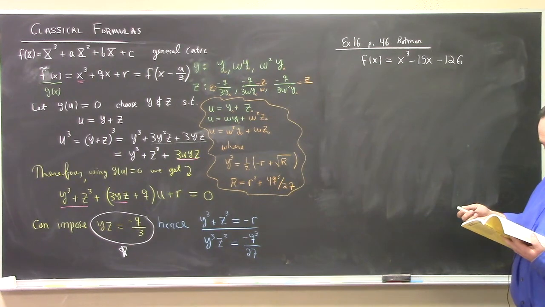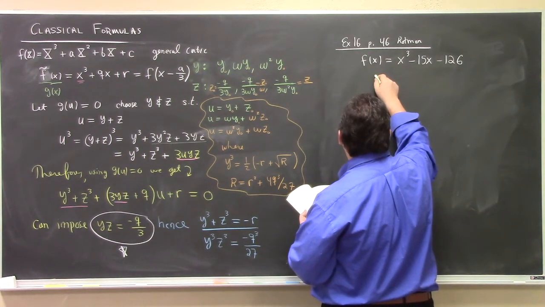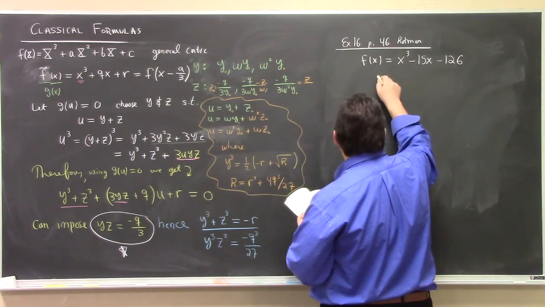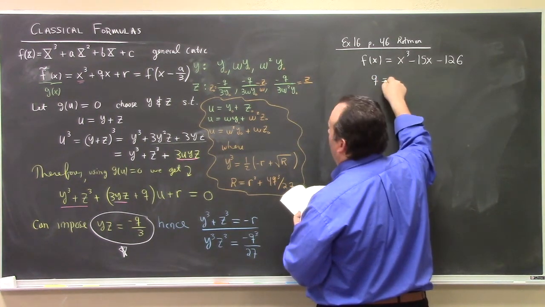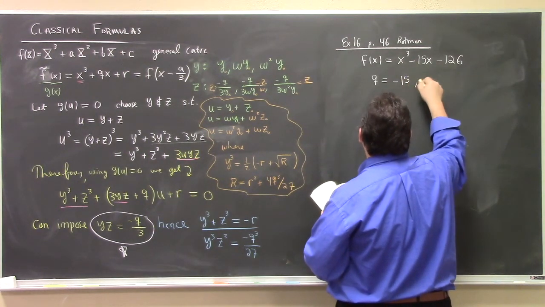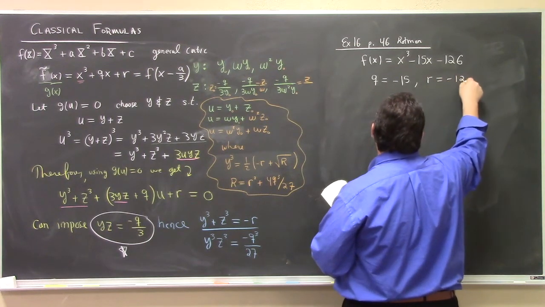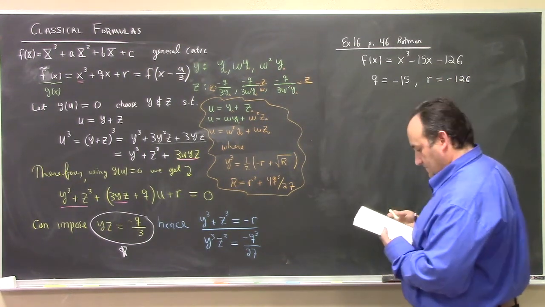And here we have q equals minus 15, and r equals minus 126, right?